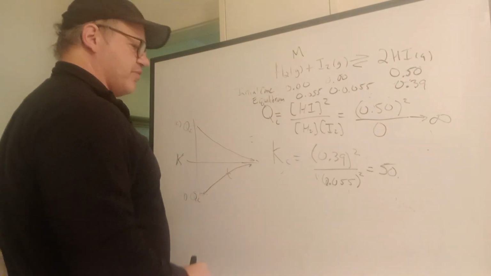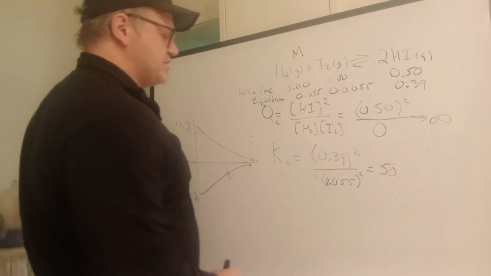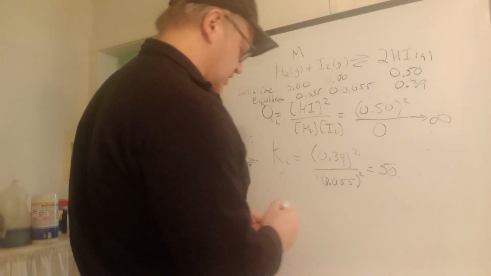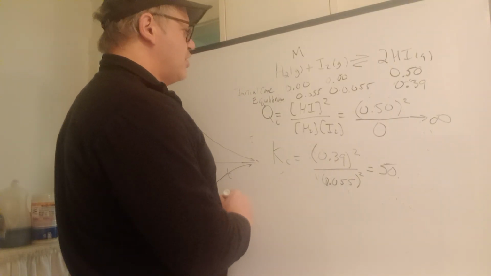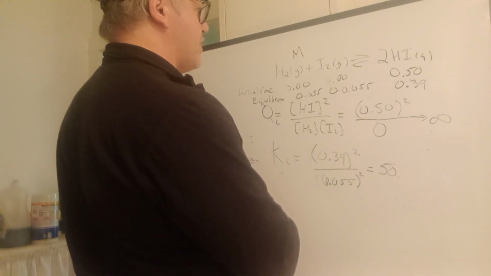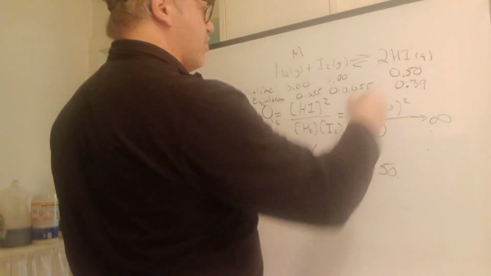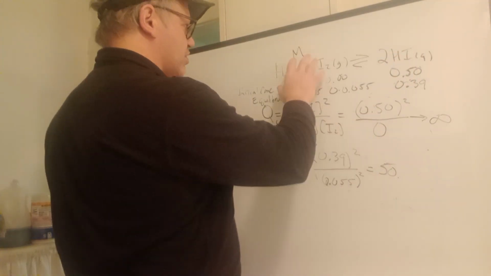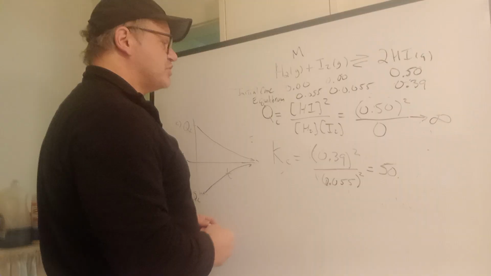The take-home point, which is all summarized in the table in your book, is that we start off with two different sets of initial conditions. I took the extreme. In one case, we have 0 of the HI. In the other case, we have 0 of the reactant species.